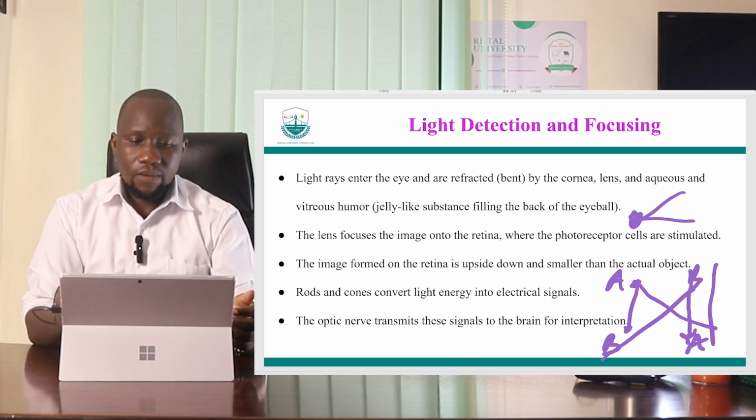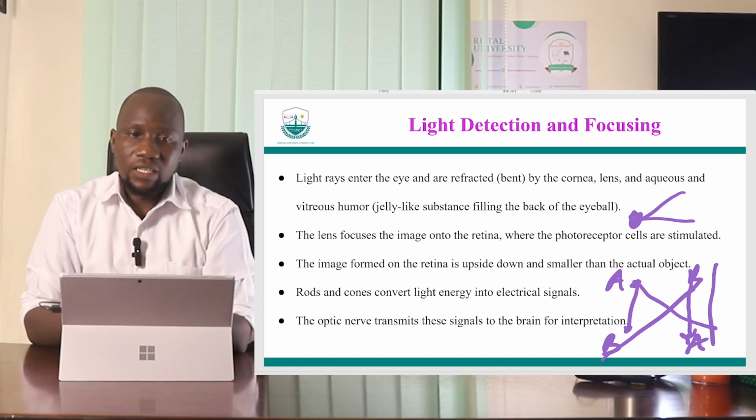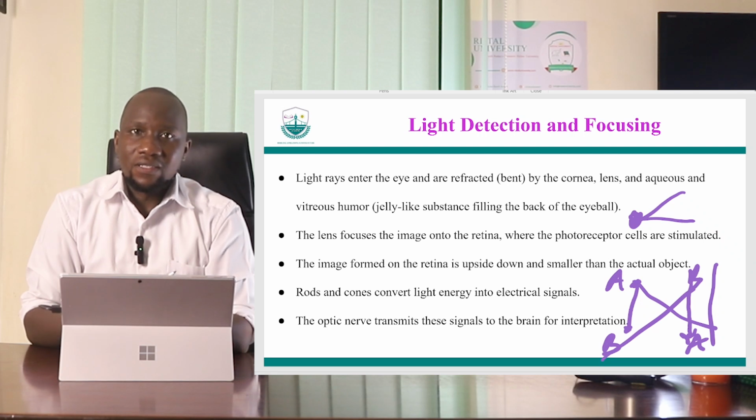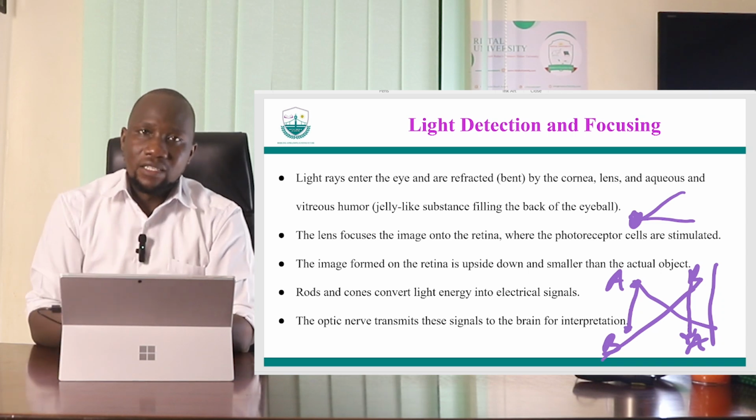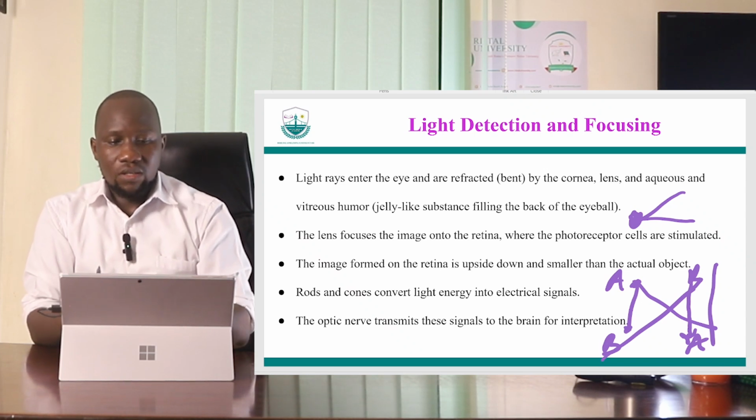And then, when the rays go and converge on the retina, the retina has the photoreceptor cells that will be converting the light stimuli into electrical impulses that are sent to the brain for interpretation.